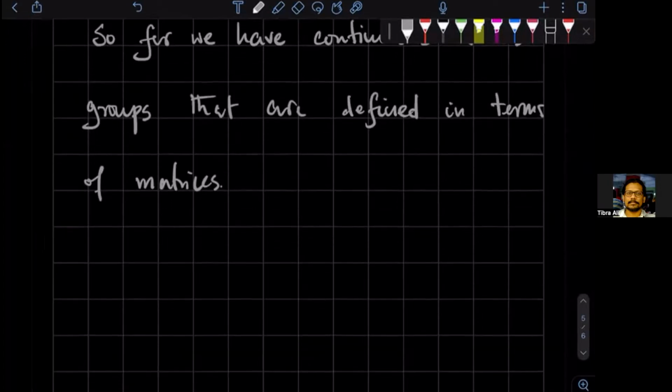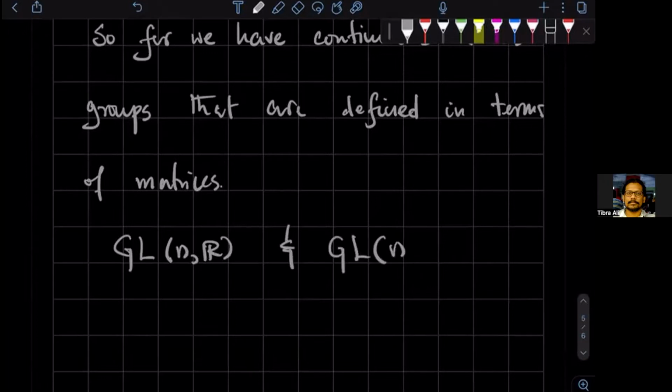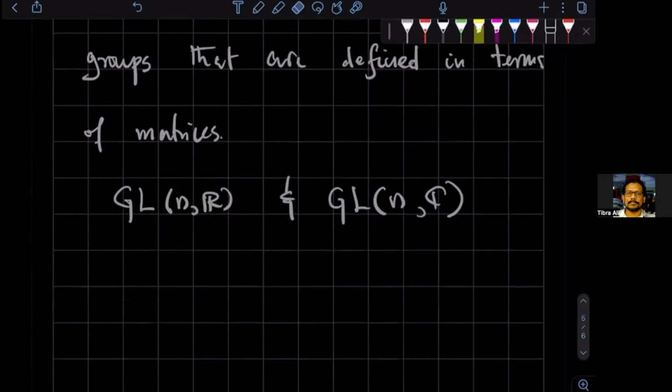So the groups like GL(n, R) and GL(n, C) are kind of the master matrix groups. A lot of the matrix groups we're interested in are going to be subgroups of these groups. Okay, so we have met those, right?